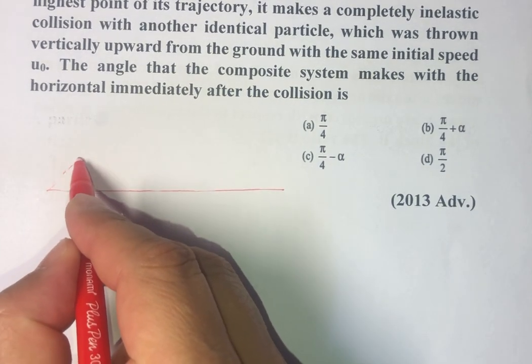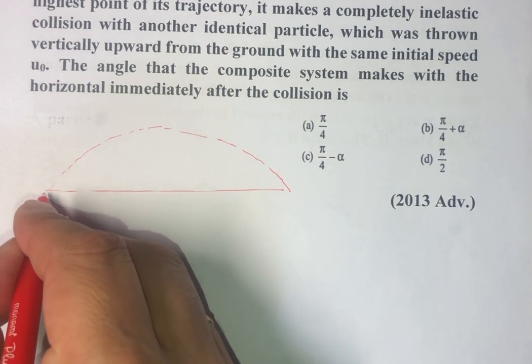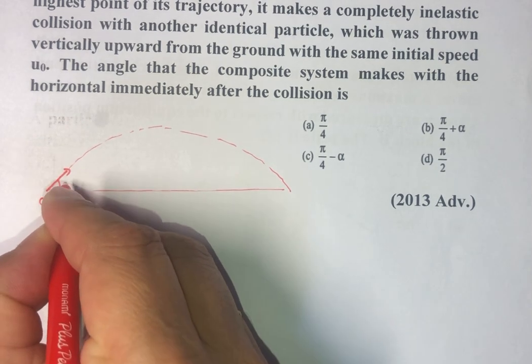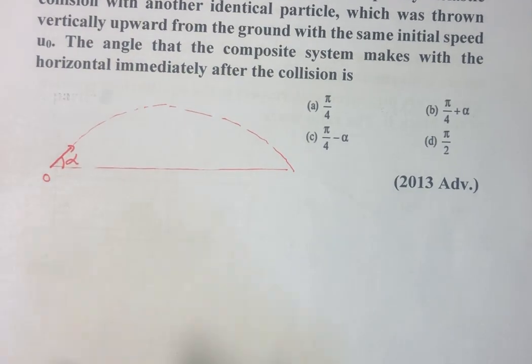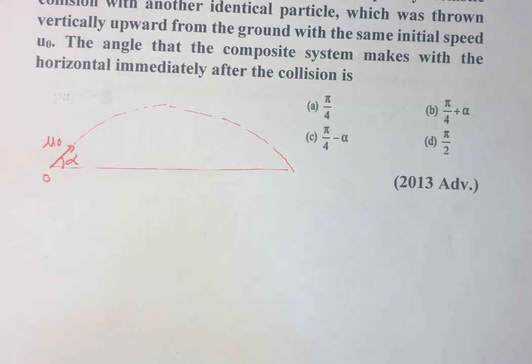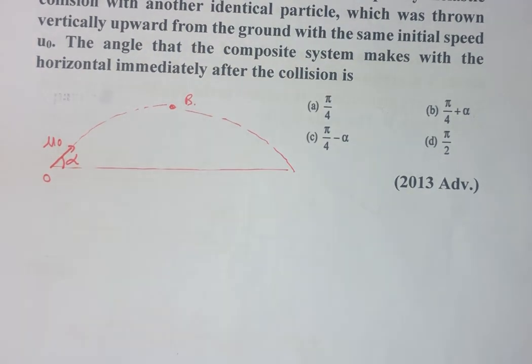So this is, suppose, our particle which is being projected from point O, and it is making an angle alpha with the horizontal. Initial speed is given as u0, and let's suppose B is its highest point.